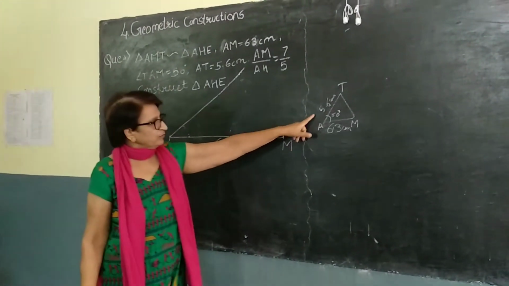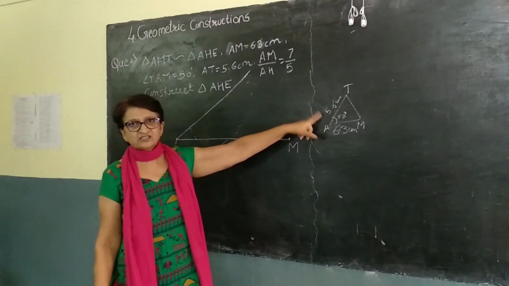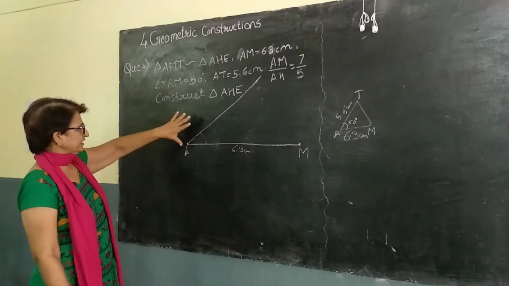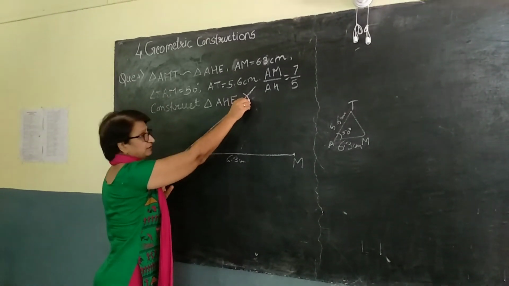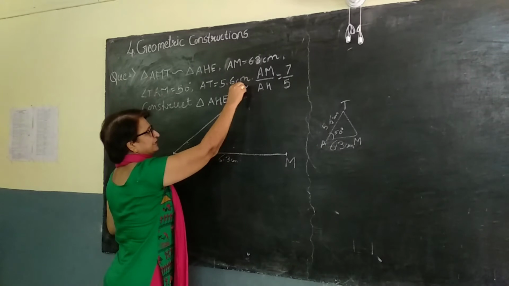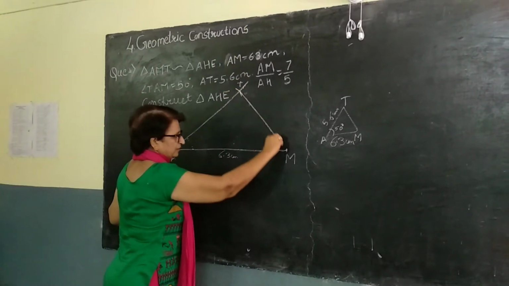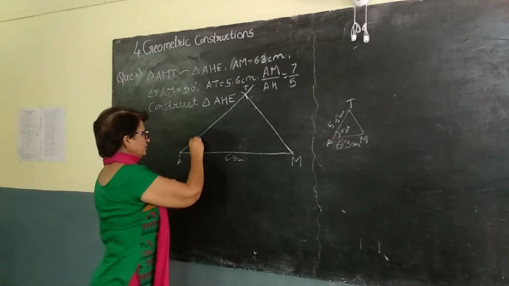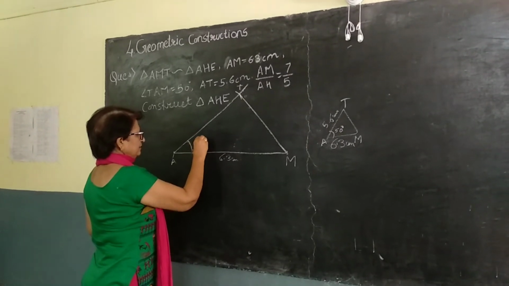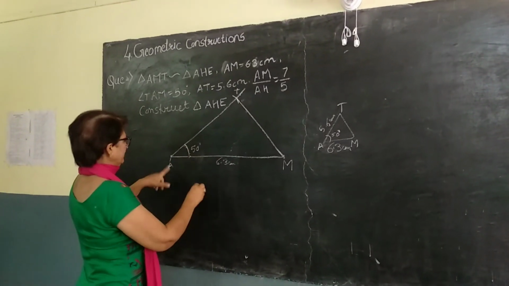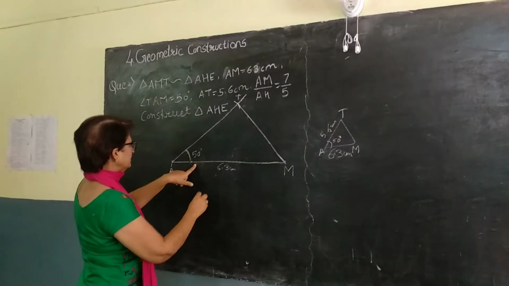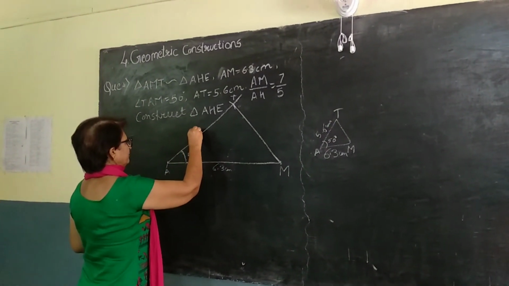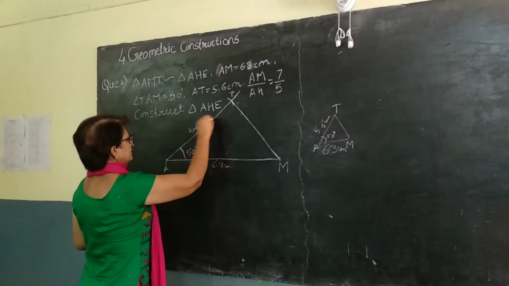Okay. Then how much is AT? It is 5.6. So again on the compass I will take A to T 5.6. Supposing it is here. Then this is my point T and I'll join this. So first I have to construct triangle AMT, where AM is 6.3, angle A is 50 degree and AT is 5.6 centimeter.